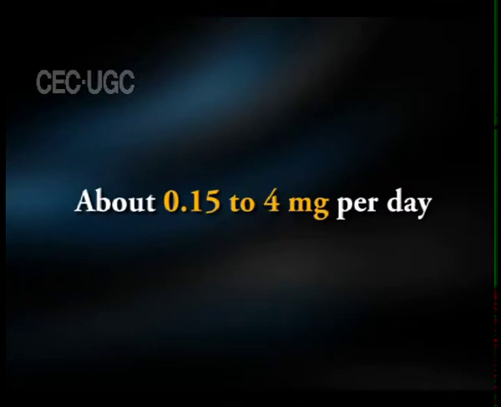Folic acid is synthesized by bacteria in the large intestine, but this is of little significance since folic acid is absorbed in the jejunum. The daily requirement of folic acid is not fairly determined, but about 0.15 to 4 milligram per day has been found to be adequate. Physiological functions.